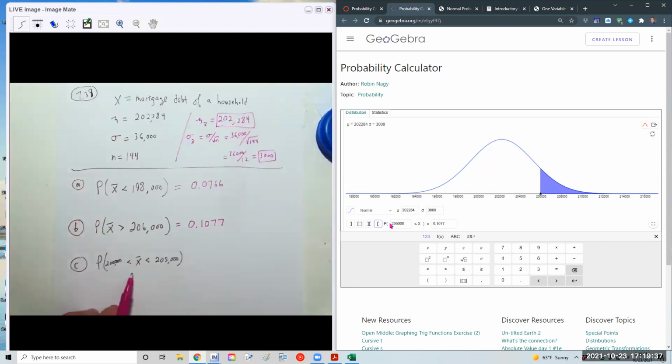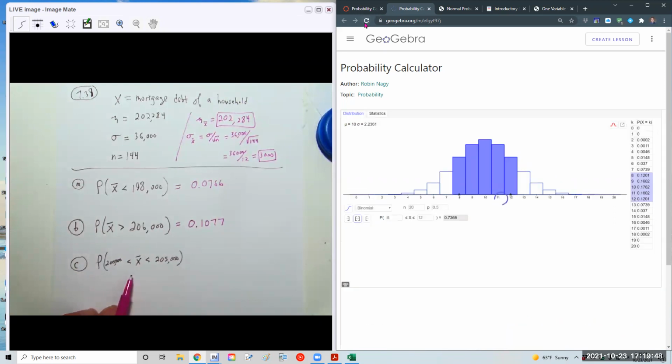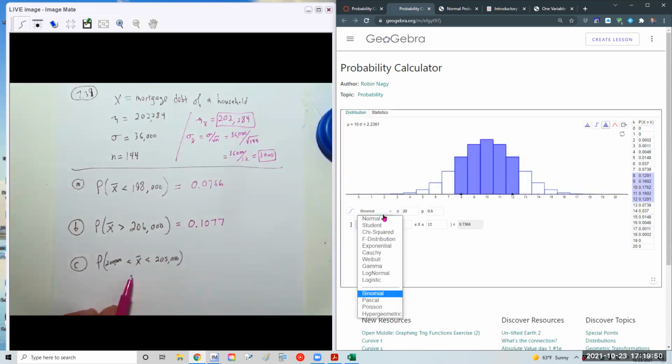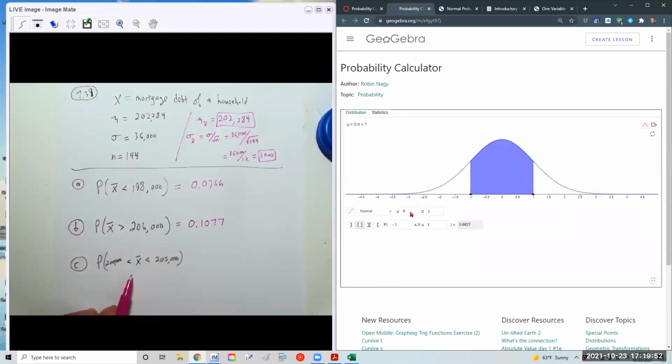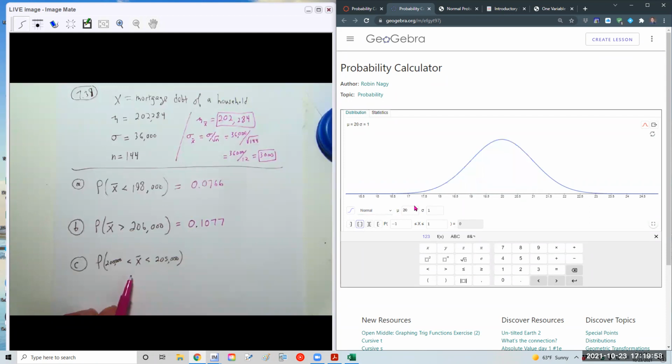And then finally, for the one that is between, let's see if we can get this to work. We're going to click on interval. It froze. So I'm just going to refresh this. And we'll start over. That's fine. Let's see, so mean was 202,284, standard deviation 3,000.